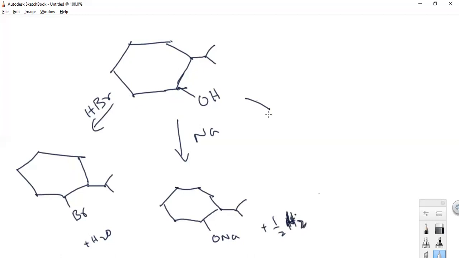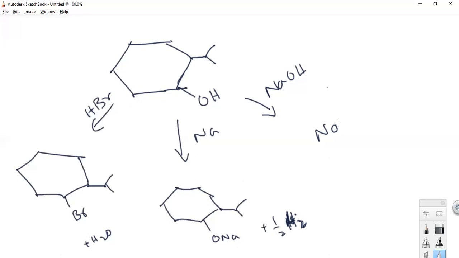Now over here, when we add sodium hydroxide, it doesn't react because alcohol is not acidic. This is just simply an alcohol, and due to some ionization, it dissociates and hydrogen can get eliminated. That's why sodium tends to form a bond with oxygen.